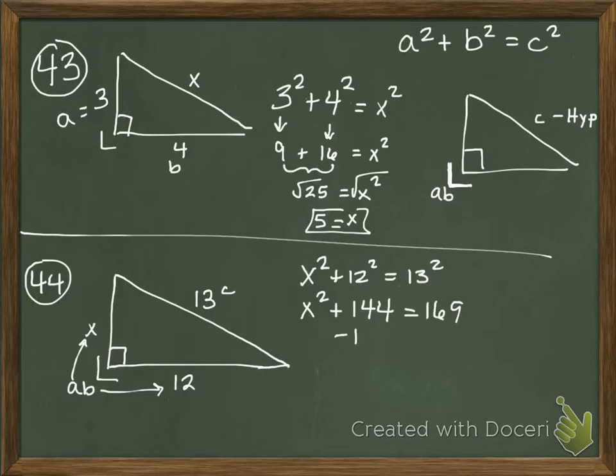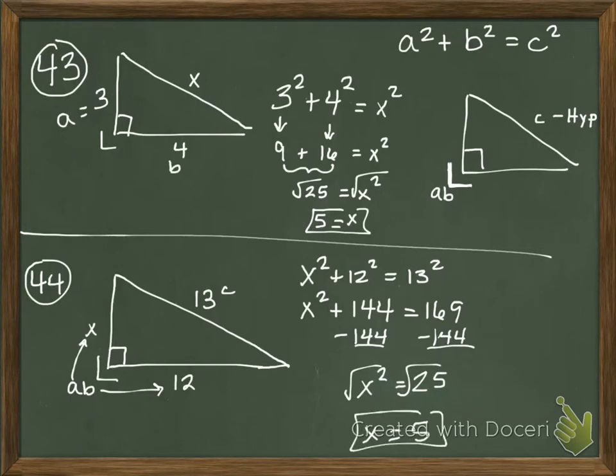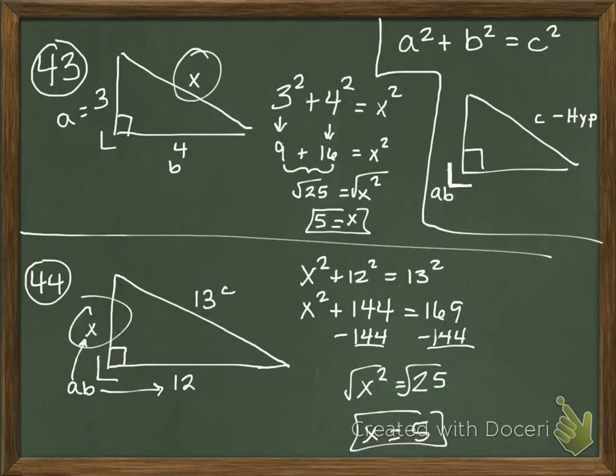And from here, I've got to subtract 144 from both sides. And we get x squared is equal to 169 minus 144, which is 25. And here again, when you take the square root, you get that x is equal to 5. So in both of these cases, x is equal to 5. One was the hypotenuse method, and one was finding one of the legs. But you're always using a squared plus b squared equals c squared when I'm only trying to find one missing side in a right triangle.